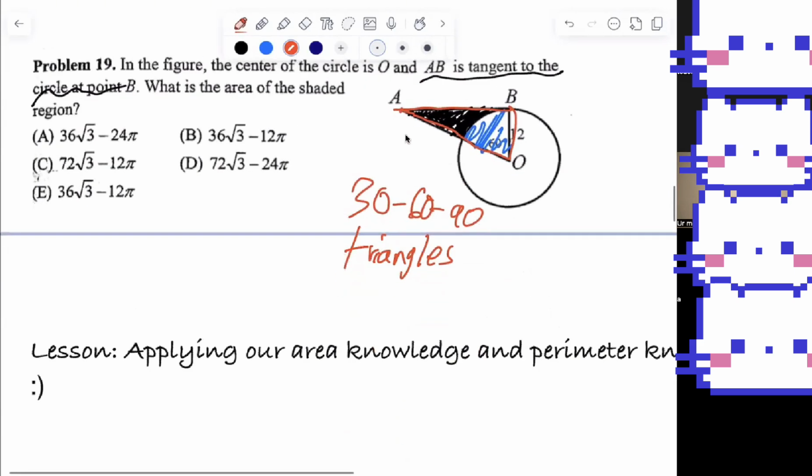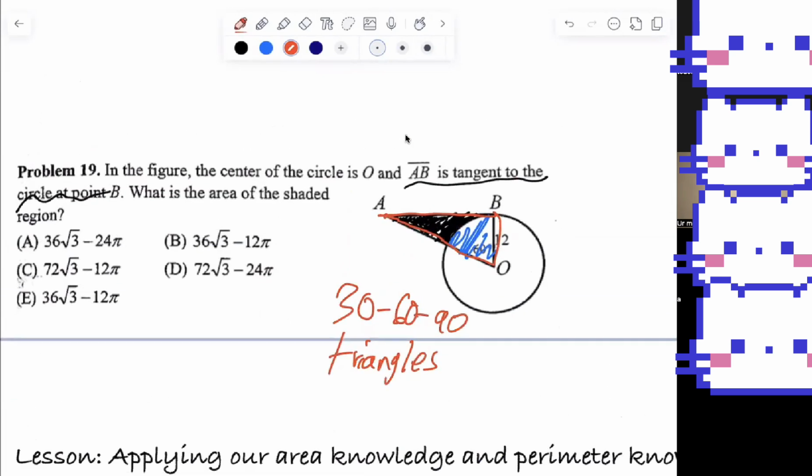The angles are 30, 60, 90. If this length is x, this is 1/2 of x, and root 3 over 2 times x. Basically, it comes from an equilateral triangle. From there, you can find the area, and I'm not going to go into much detail on that. The area of this triangle, highlighted in red, is 72 square root of 3.